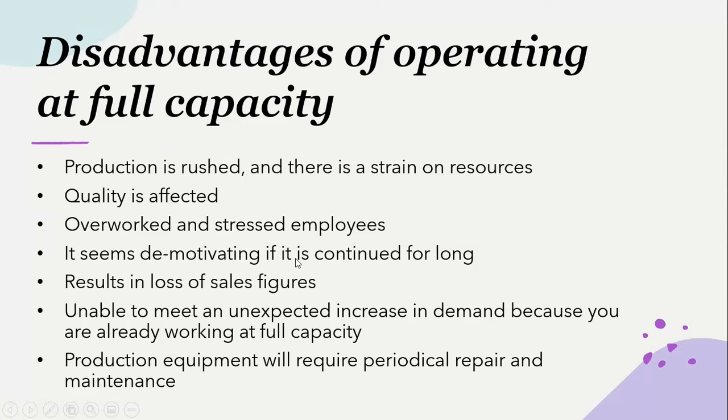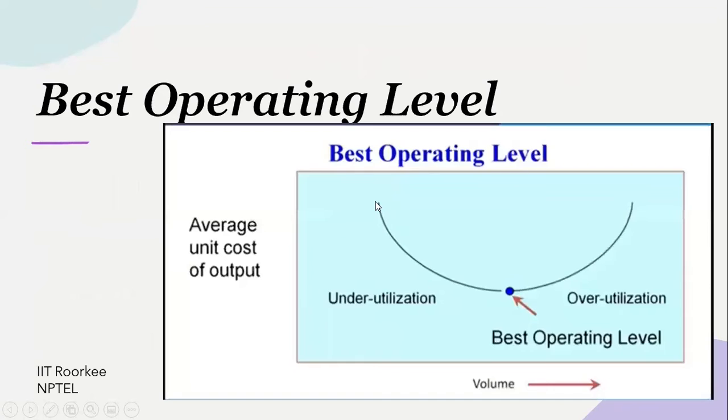It seems demotivating if it is continued for long. It may result in loss of sales, being unable to meet an unexpected increase in demand because we are already working at full capacity. Production equipment will require periodical repair and maintenance if we work at more than optimal capacity.